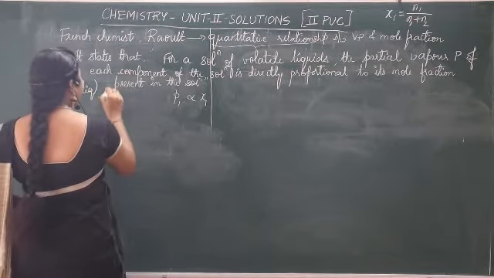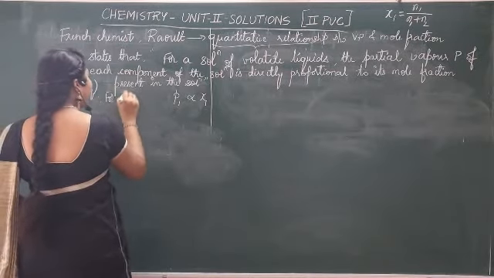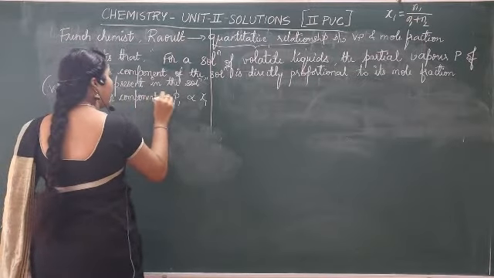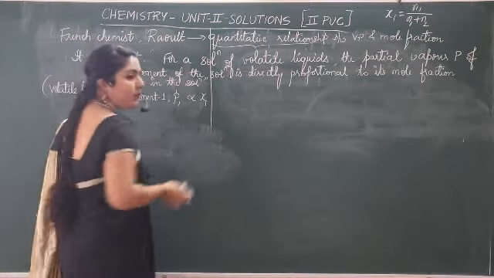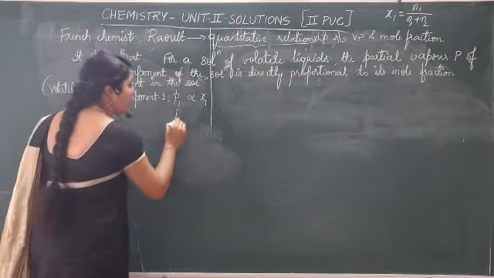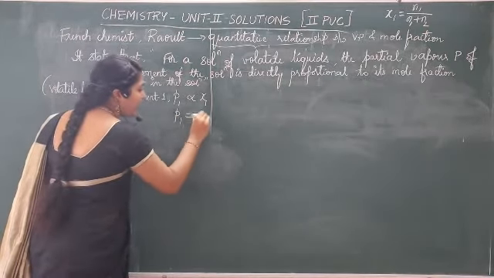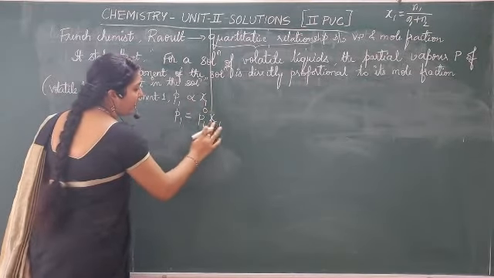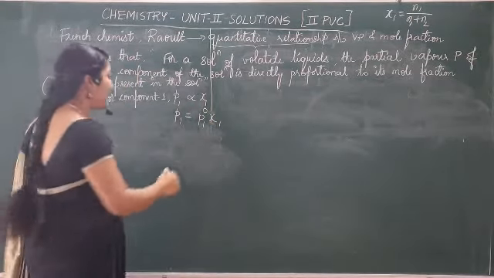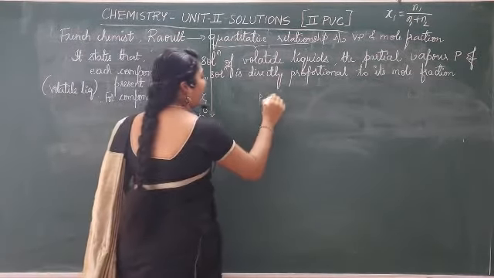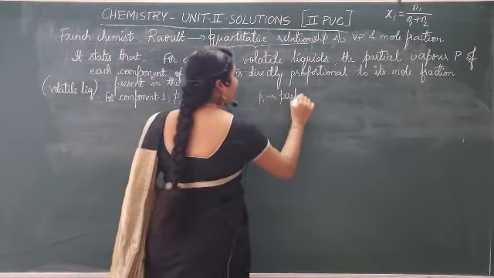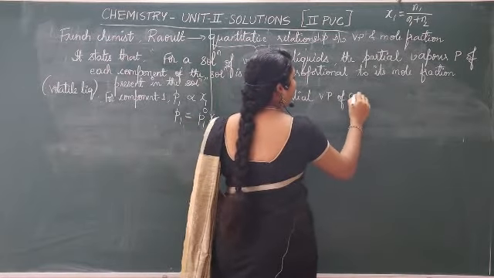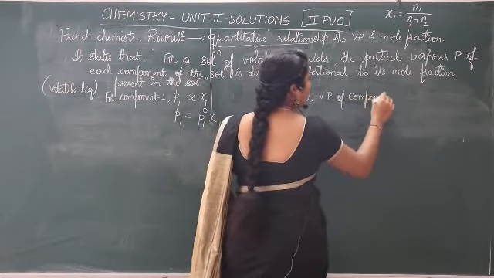Otherwise, how can you write it? Therefore, for component 1, P1 is directly proportional to X1. Remove the proportionality symbol. We can write it as P1 equals P1 naught X1. What is it? P1 is the partial vapor pressure of component 1.